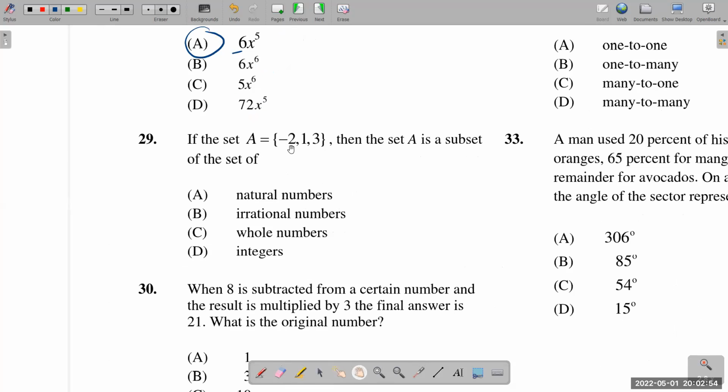All right. A set -2, 1, and 3. That's set A. Then the set A is a subset of what? Are these numbers natural numbers, whole numbers, irrational numbers, or integers? This is basics. What type of numbers are those?